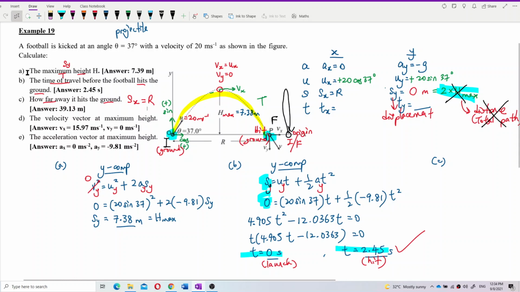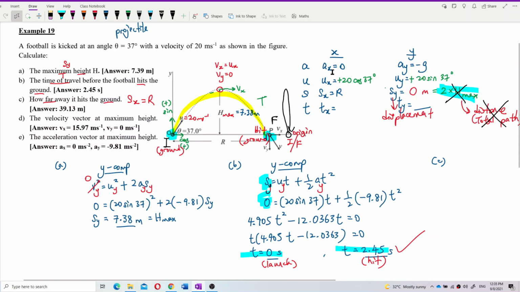Question A is at the maximum height, so it's a different condition. But for questions B and C, the final point is at the point of hitting the ground, so we don't need to rub anything off.